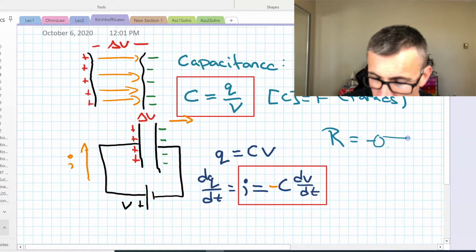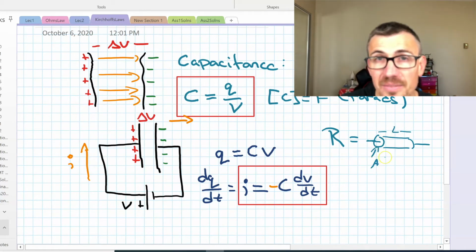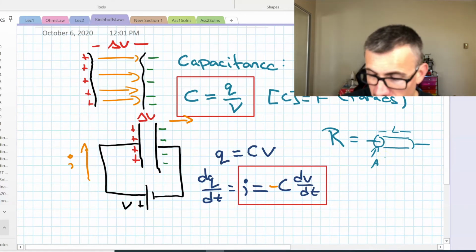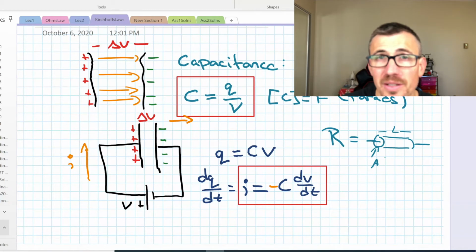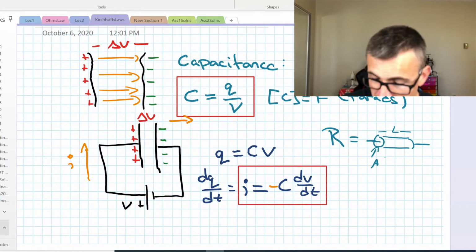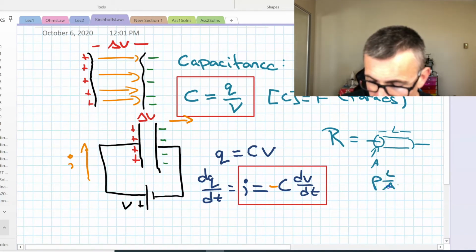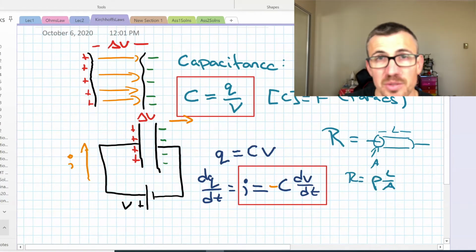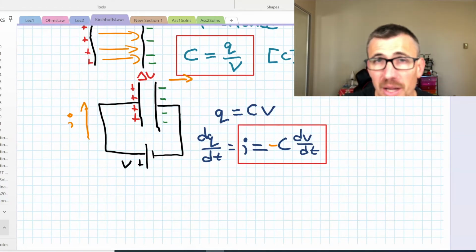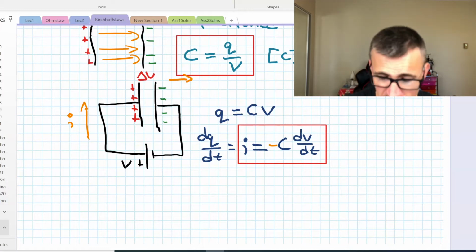If we had a tube of length L and area A, made out of a material that had a resistivity rho, we could write down a geometric formula for the resistance. It was rho L over A. That's what R was.